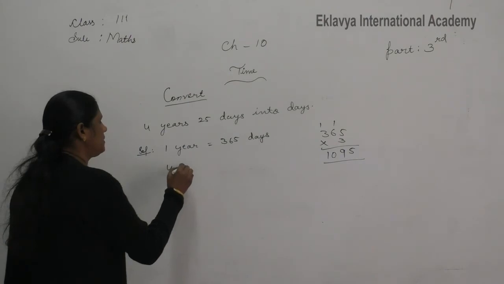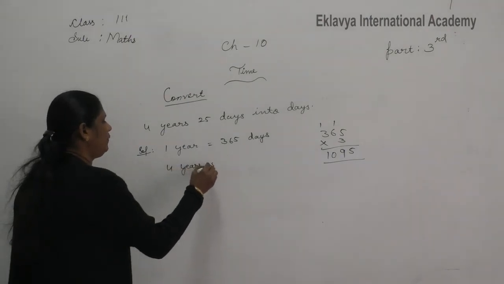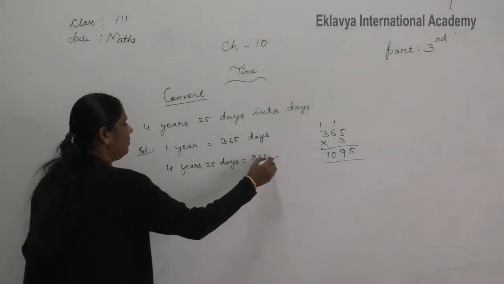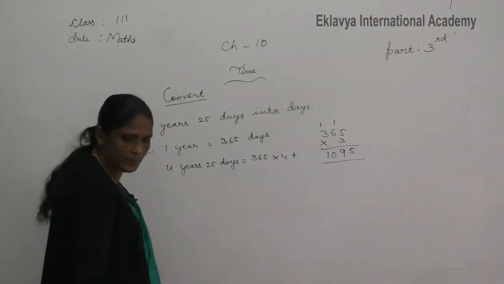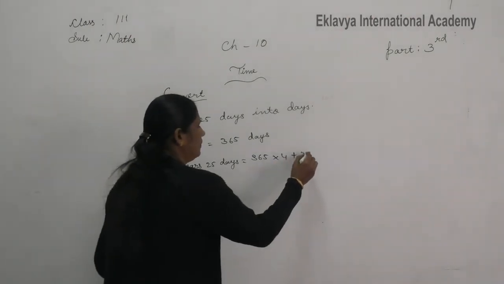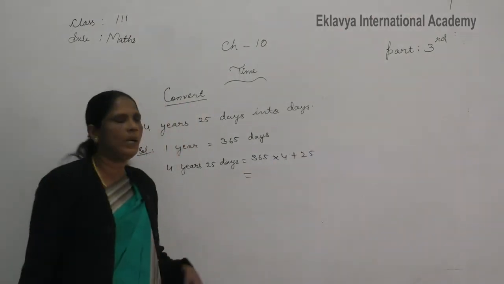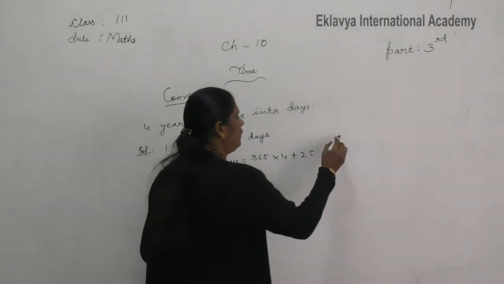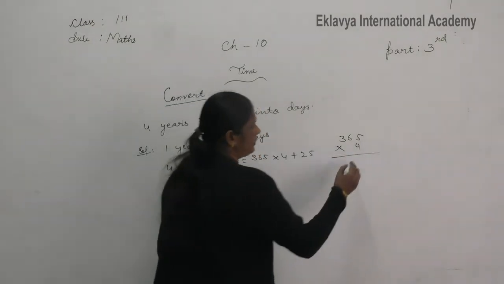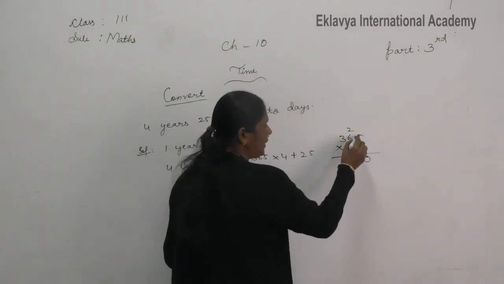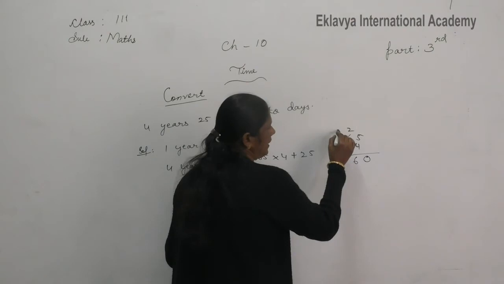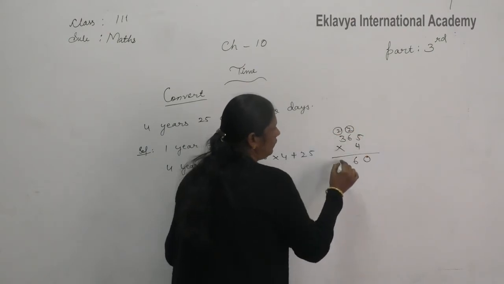4 years, 25 days is equal to 365 multiply 4 plus 25. Now you multiply 365 multiply by 4. 4 fives are 20, carrying 2; 24, 24, 26, again carrying 2; 12, 14.